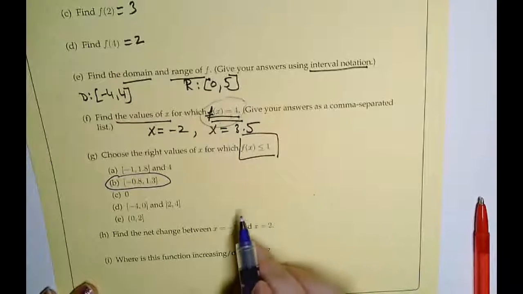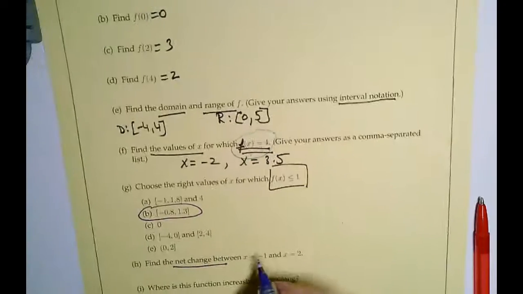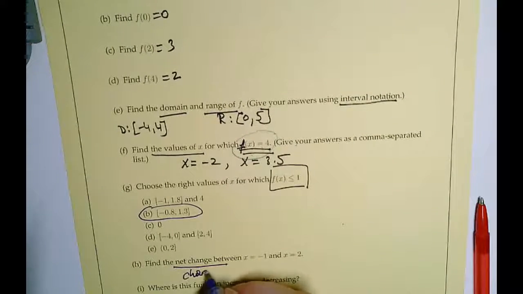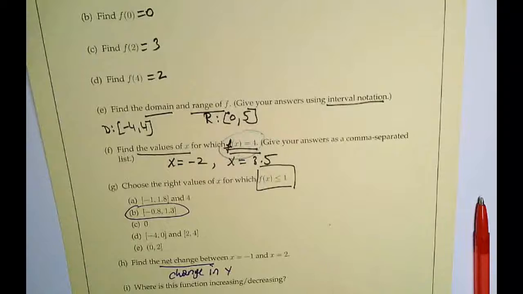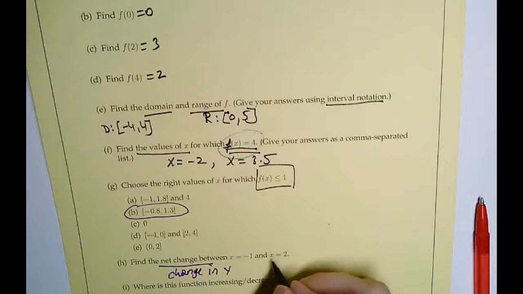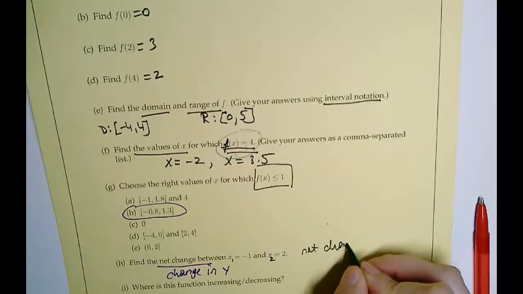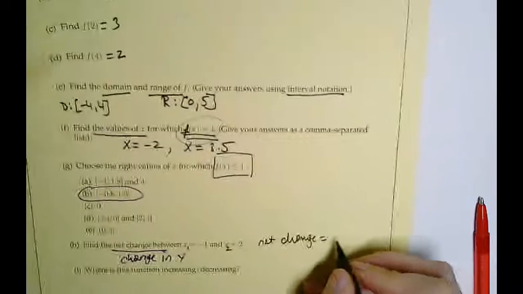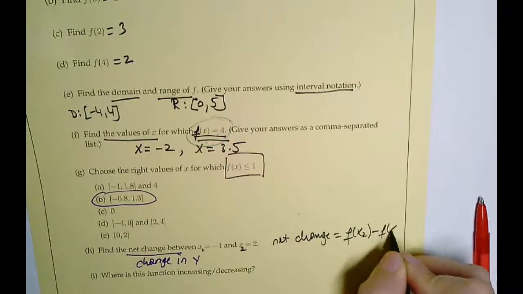Find the net change between x equals negative 1 and x equals 2. The net change is the change in y value, so it's just the numerator of a slope. If this one was x1 and this one x2, the net change is the y value: f of x2 minus f of x1.